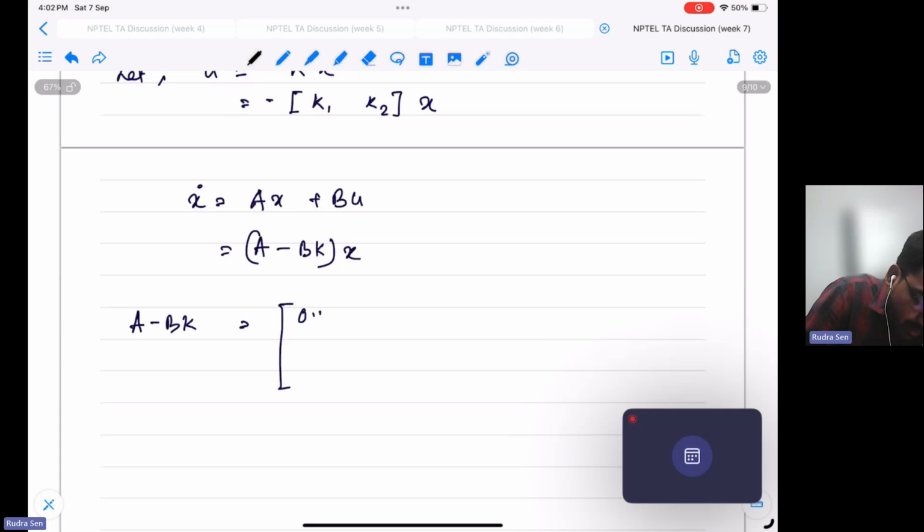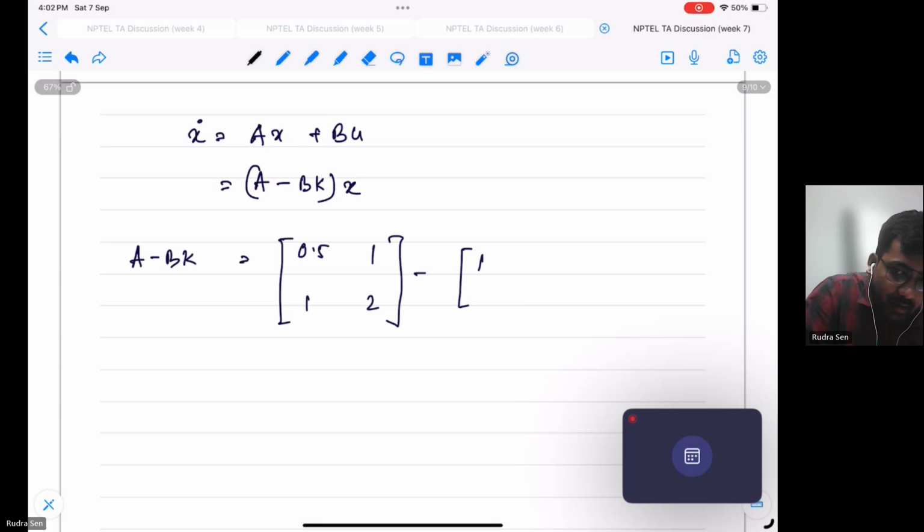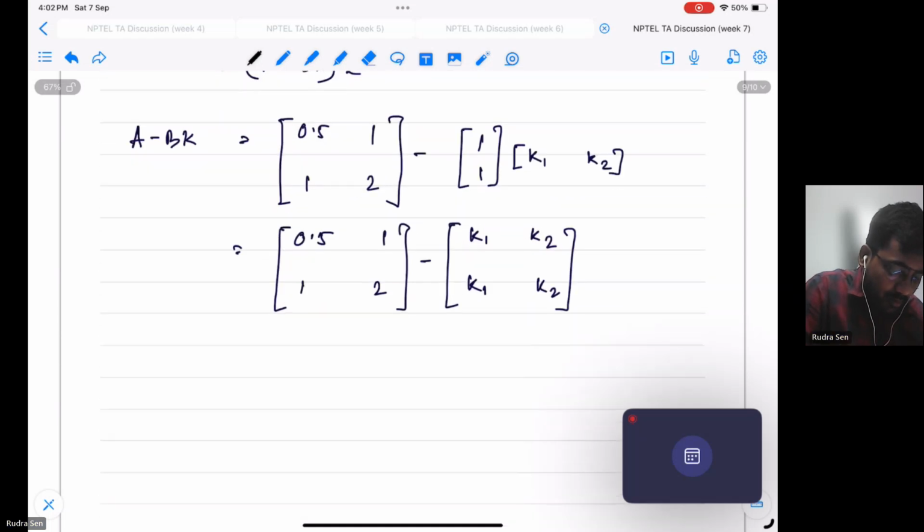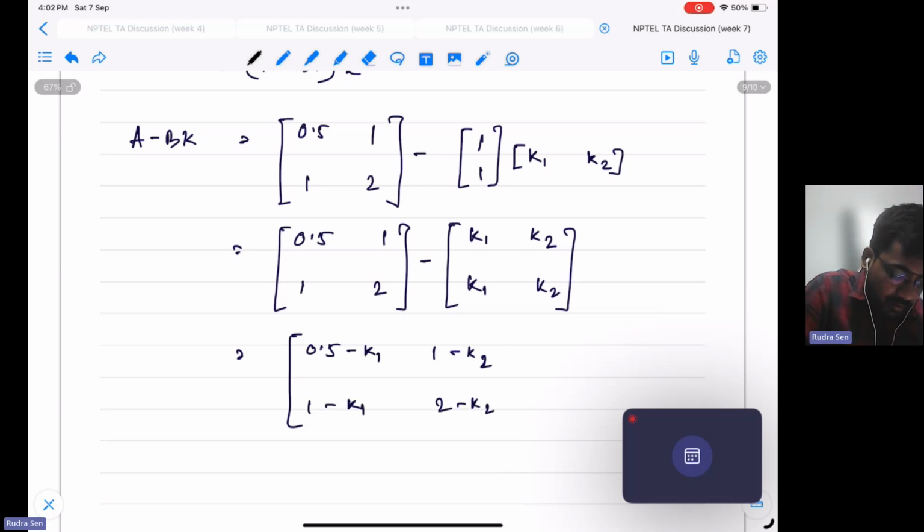This is A, this is B, where B is [1; 1], and this is K, K1 and K2. So what I will get is [0.5 1; 1 2] minus [K1 K2; K1 K2], which is [0.5 minus K1, 1 minus K2; 1 minus K1, 2 minus K2].